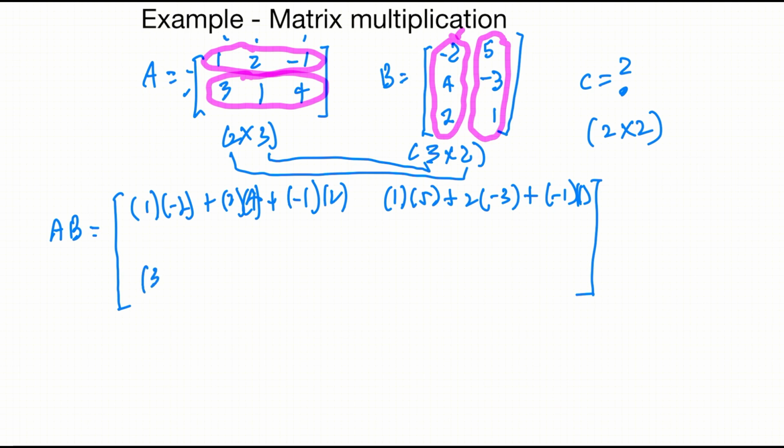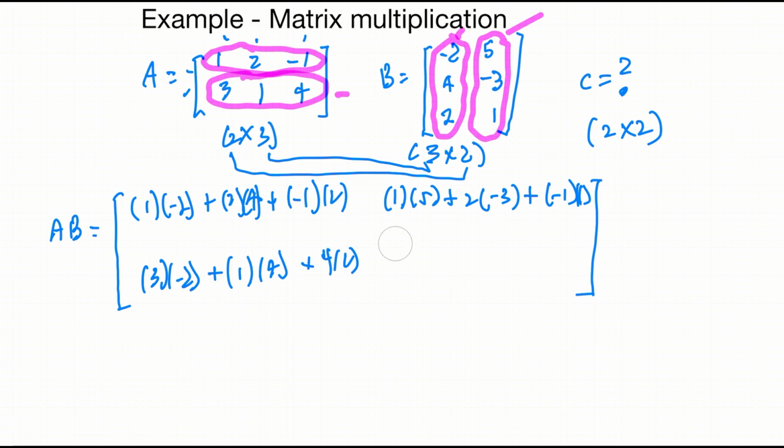So we've got 3 times minus 2 plus 1 times 4 plus 4 times 2. Then the fourth and final entry is going to be this row times this column. So we just do them in a systematic multiplication, and that is equivalent to that summation we saw earlier.